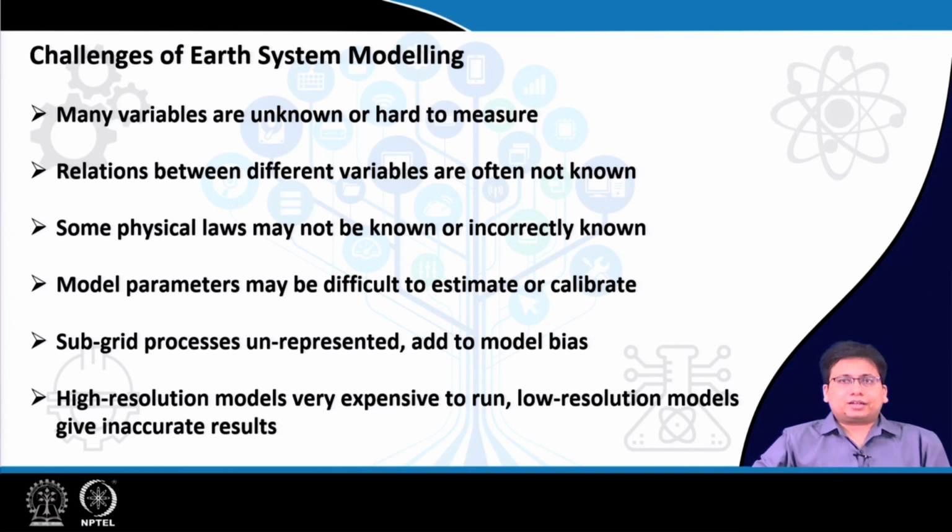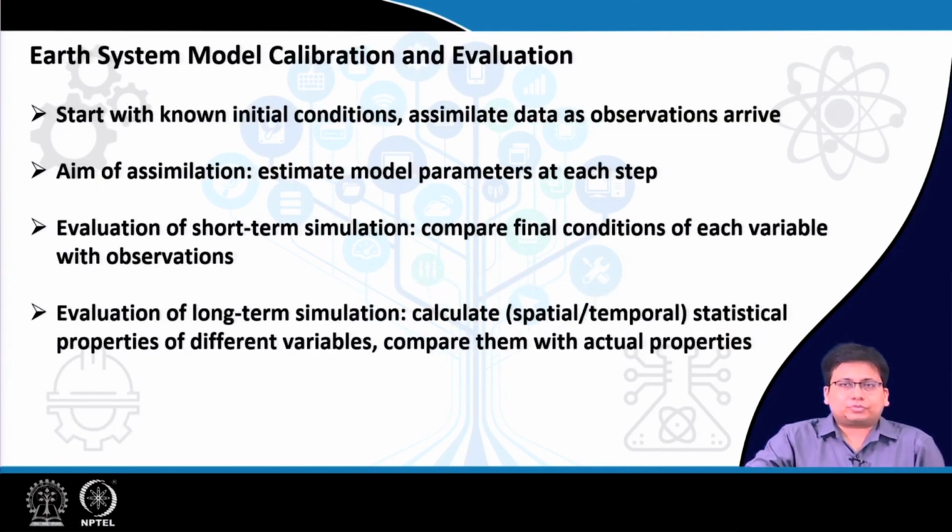A typical climate model today requires an elaborate supercomputing system to run, and it runs for a very long time, and in the process it consumes a lot of electricity and emits carbon, and this process itself may be contributing to climate change. So in general this is a very big limitation of these kinds of models.